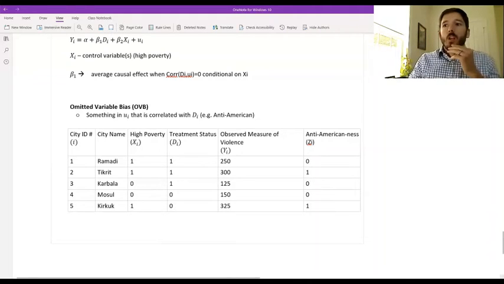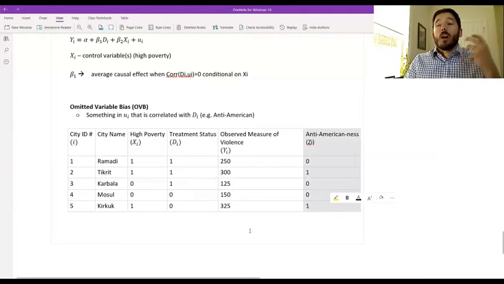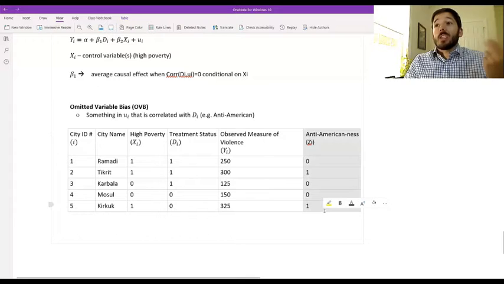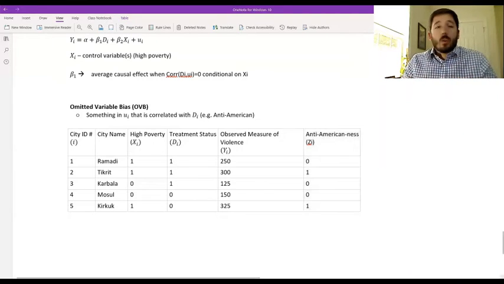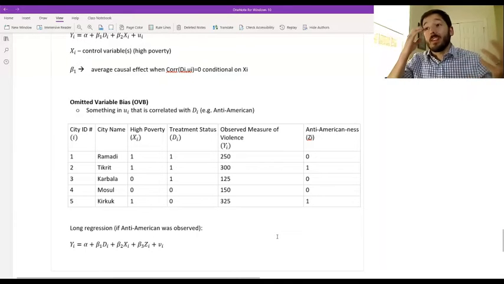Okay, so let's think about what this would mean for our previous estimate of the average causal effect if we were leaving out a variable that actually did matter for who's getting treated. The way we can think about this is to do a long regression, the same regression that we were doing before, but now including Z_i, imagining that Z_i was observed.